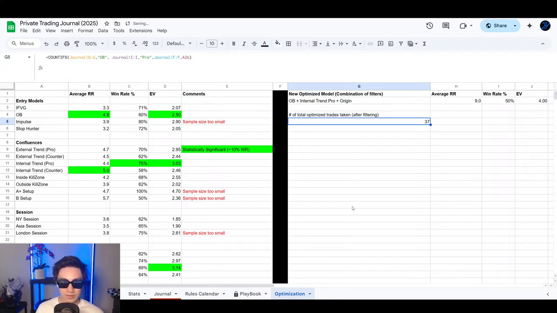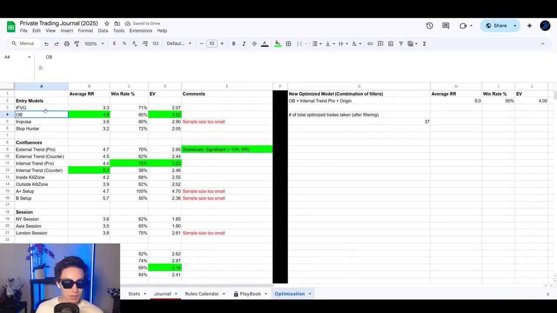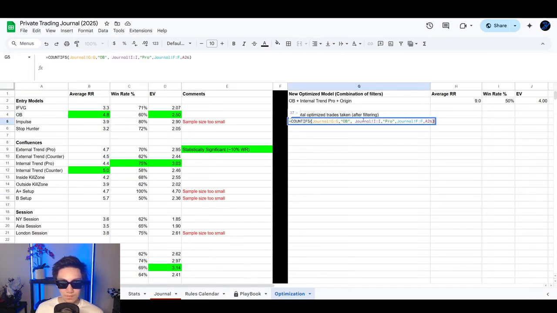So we come down to 37 trades only taken, where we are internal trend pro, using only the OB entry model and only off the Origin. So it's not a lot of trades still, honestly. But the system should be extremely good considering the EV is very high here.